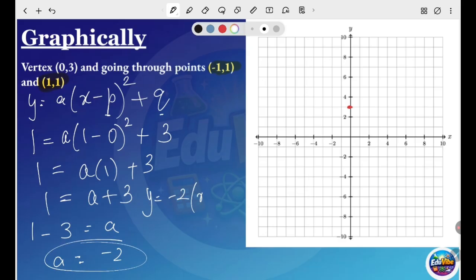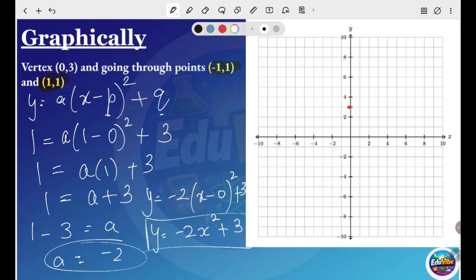So what is the equation for this now? y = -2(x - 0)^2 + 3. We know that x minus 0 is x, so it's -2x^2 + 3. So we get the equation, but how does the graph look?